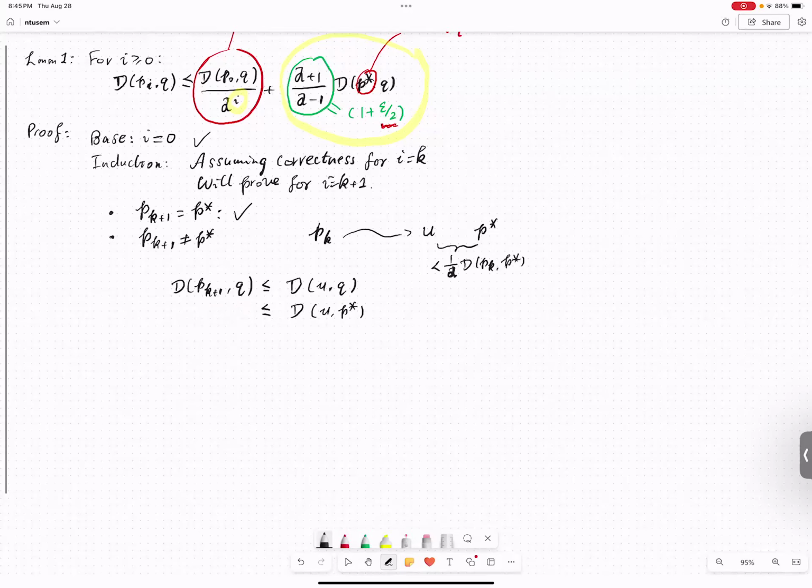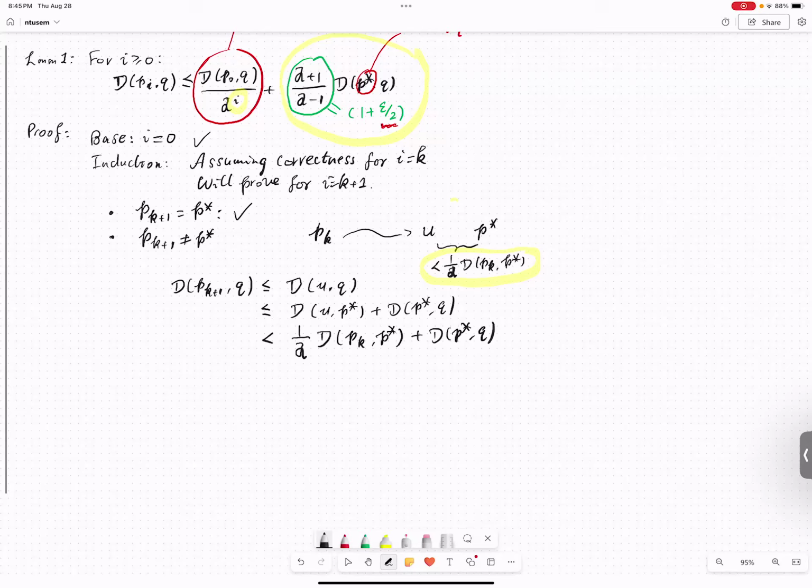Now d(p star, q) starts to come into the picture. We can apply the shortcut property here, so this is strictly less than 1 over alpha times d(p_k, p star).